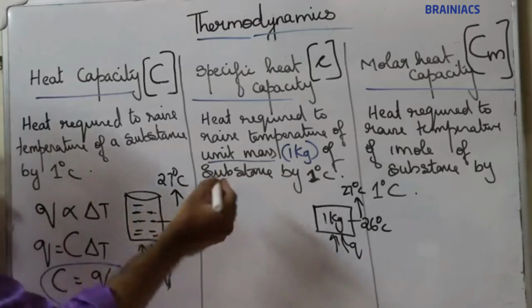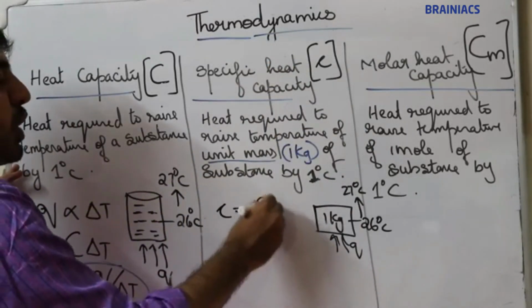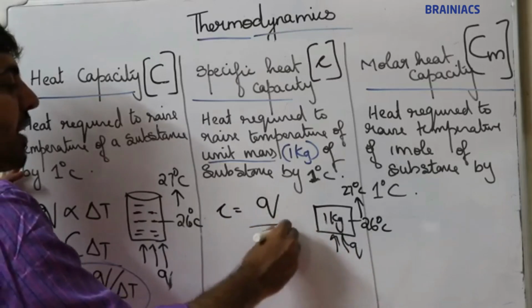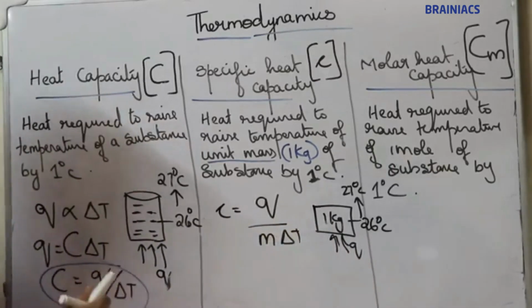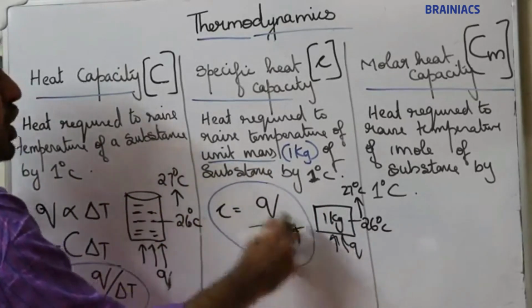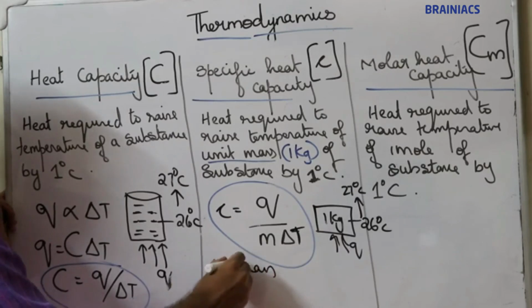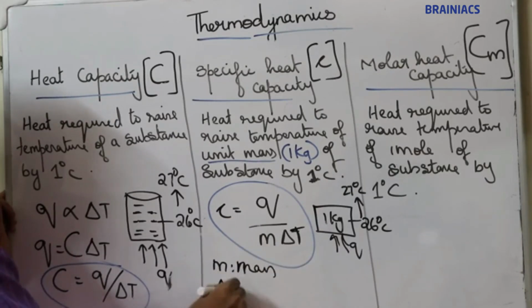And specific heat capacity is calculated using this formula. Small c is equal to Q by M into delta T. This is the equation to calculate specific heat capacity, Q divided by M delta T. M means mass. Delta T means change in temperature.